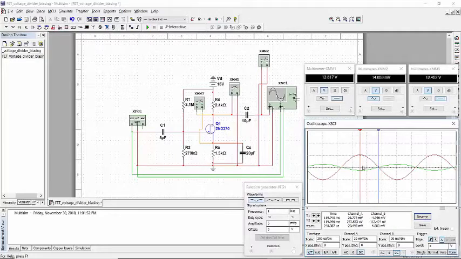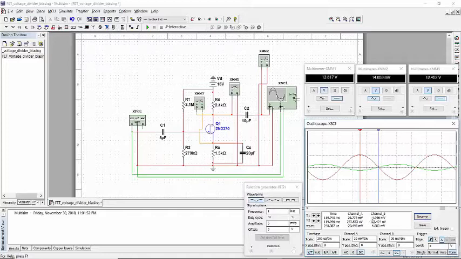Here the input was 4 millivolt and the output was 20 millivolt. So this is the voltage. My input signal was 4 millivolt peak and my output signal is 20 millivolt peak.